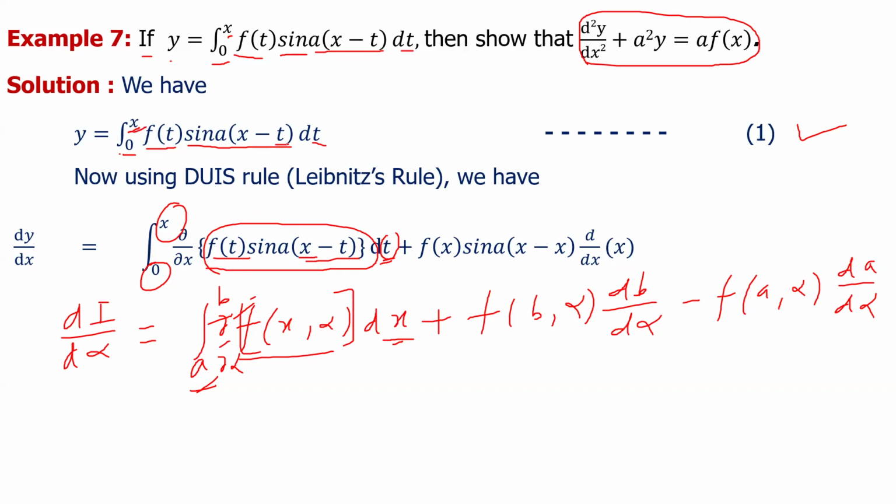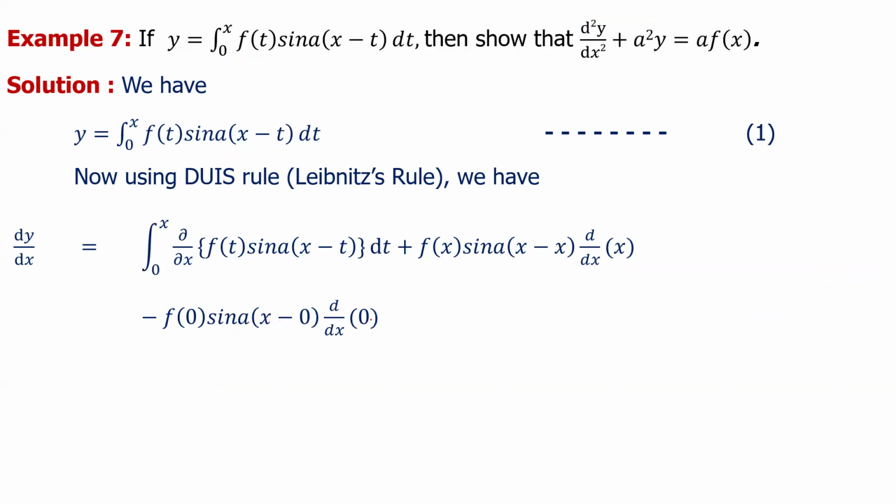So we have to put t equal to x. So this will become f of x sin a into x minus x, derivative of upper limit, which is x, with respect to x, minus f of 0, because lower limit is 0, so f of 0 sin a x minus 0 and derivative of lower limit.